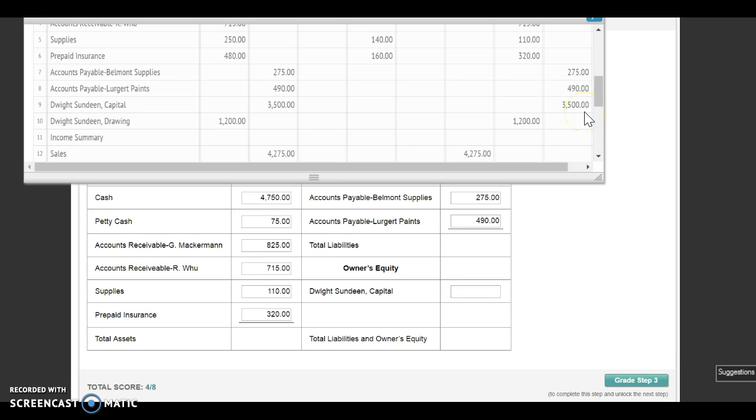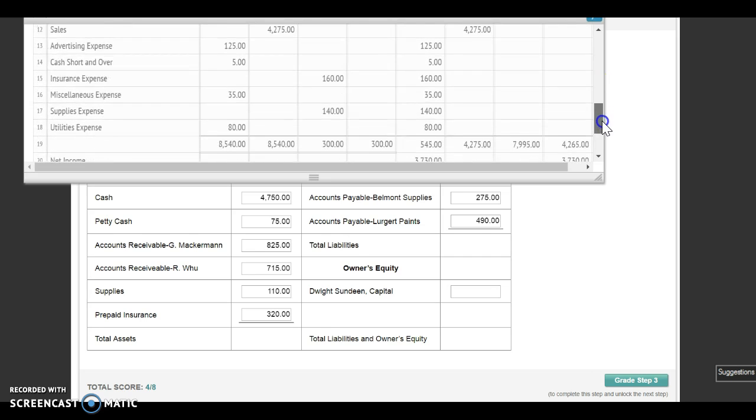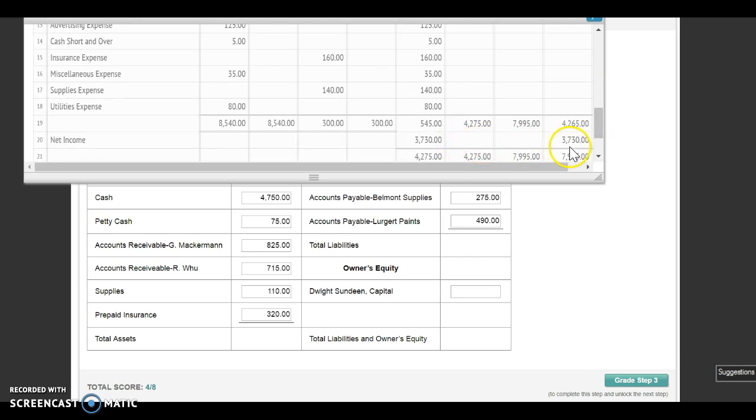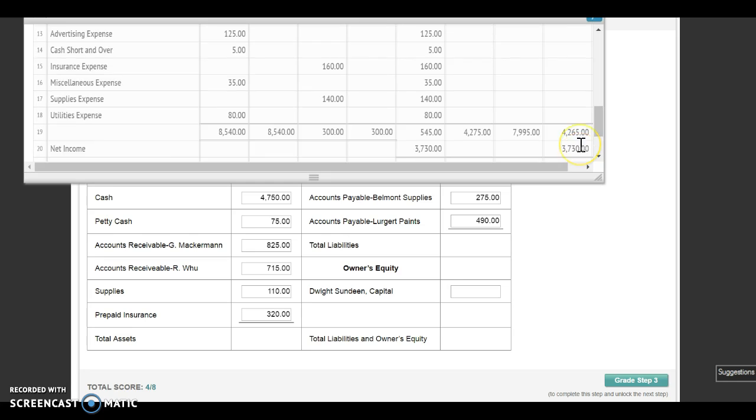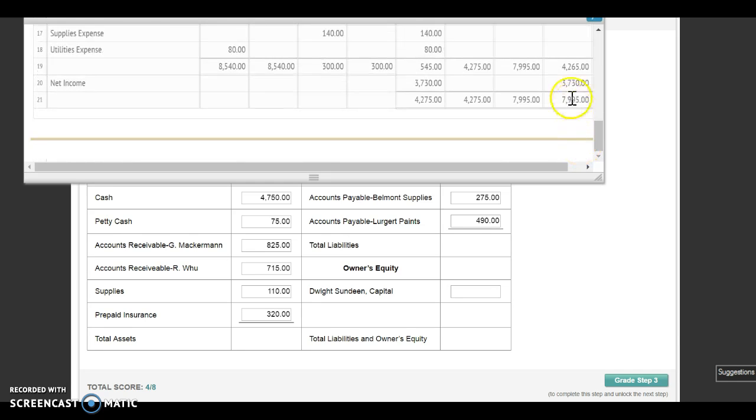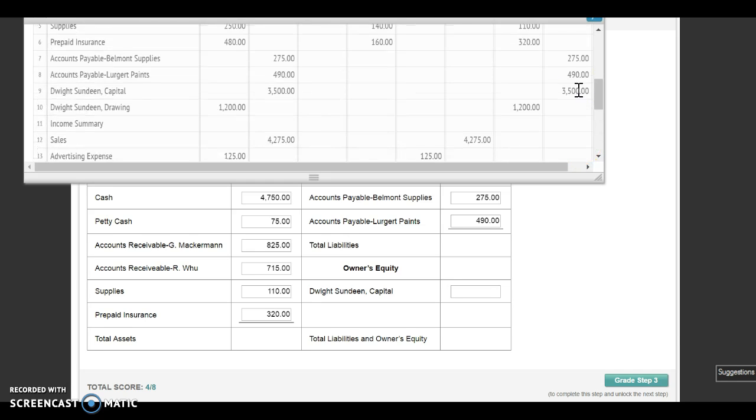However, remember, that is not the amount that I'm actually going to put in. So you need your calculator. I'm going to take my capital, $3,500, and I'm going to add to that capital my net income. So I'm going to scroll down to the bottom, and I see that my net income is $3,730. So that means, remember, I made money. So here is my capital, but I made $3,730. So I'm adding those two numbers together. However, I also need to look at this drawing.